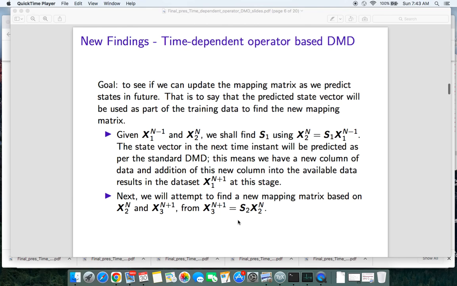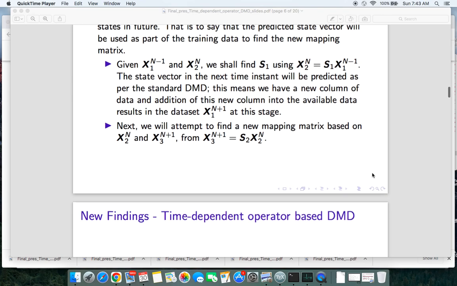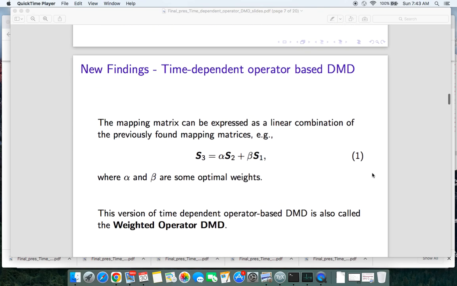So this is how the time-dependent operator-based DMD works. Also, the mapping matrix can be expressed as a linear combination of the previously found mapping matrices. For example, we can use S1 and S2. We can take a linear combination in this manner to find a new mapping matrix, S3.